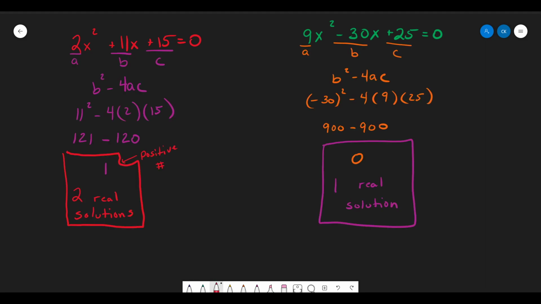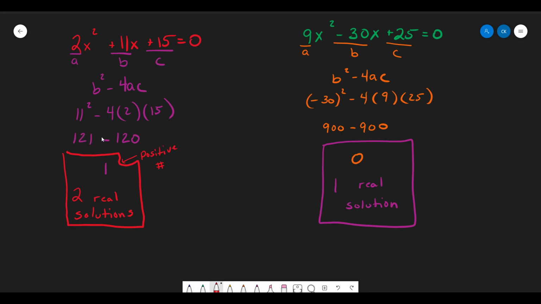Okay, hopefully this is what you got as your answers. For the first one, we don't have to move anything around. It's already in standard form, ax squared plus bx plus c, so that's nice. We're working with b squared minus 4ac. A is 2, b is 11, c is 15. We plug everything in and solve it. 11 squared is 121. 4 times 2 is 8. 8 times 15 gives us 120.